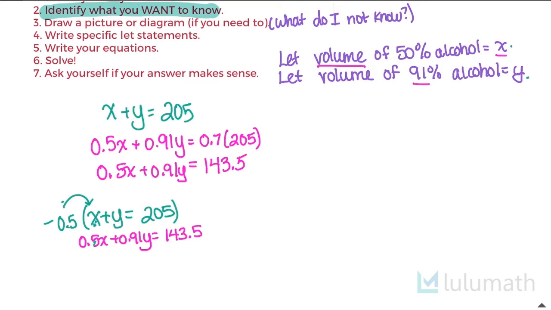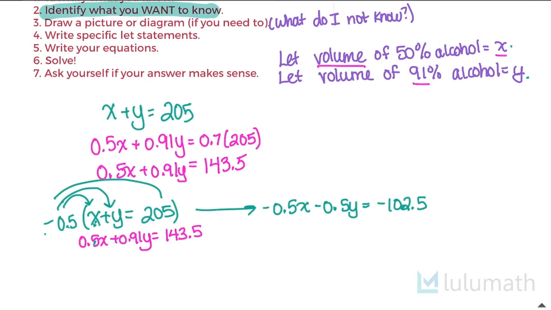So let's go ahead and distribute this through. Negative 0.5 times x is negative 0.5x. Negative 0.5 times y is negative 0.5y. And then negative 0.5 times 205 is going to end up being negative 102.5. And then I'm just going to copy down my pink equation. So 0.5x plus 0.91y is equal to 143.5.